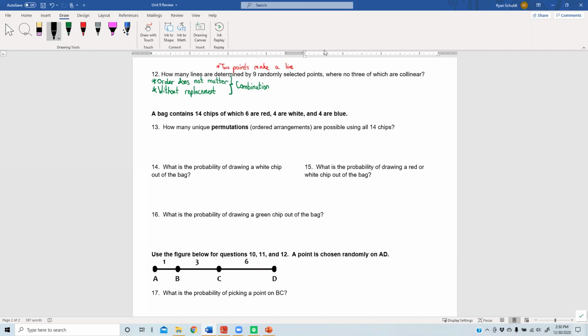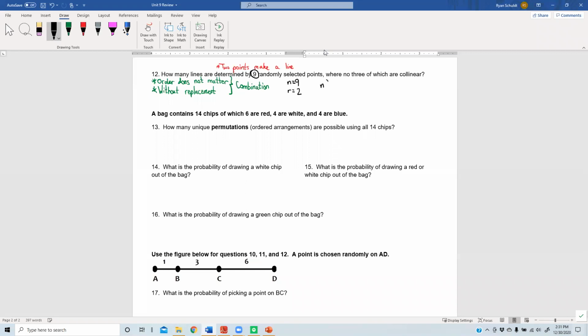Well, since it's a combination, I need to get n. That's how many we have to pick from. Well, it says there's 9. So we're going to pick from 9. And then how many are we picking? We're picking 2 because we need to make a line between them.